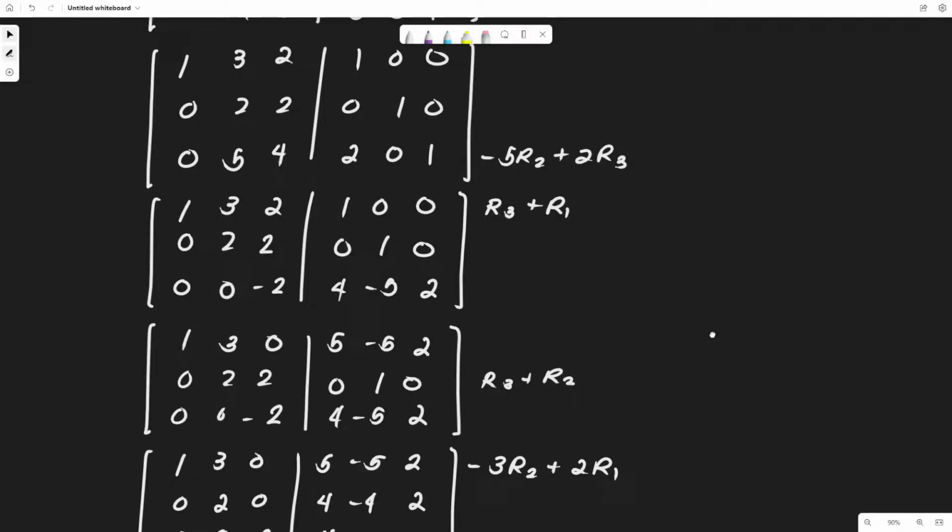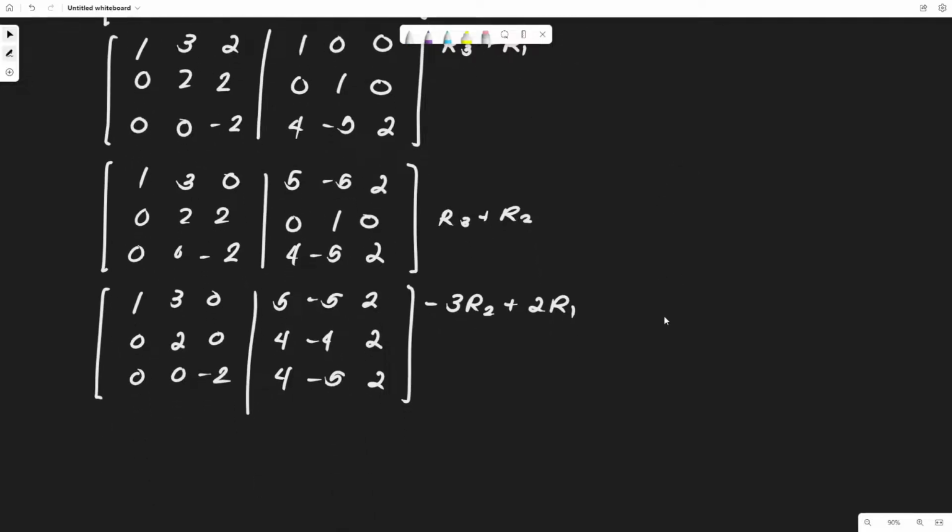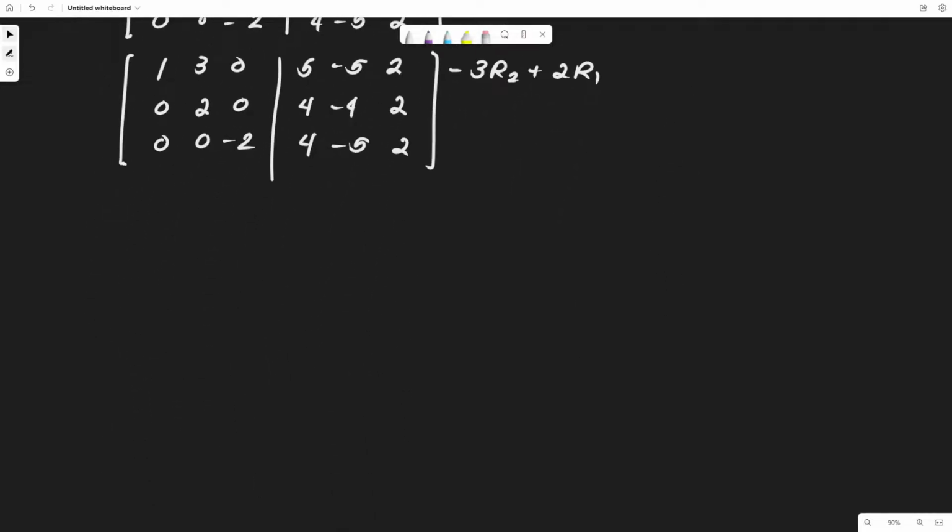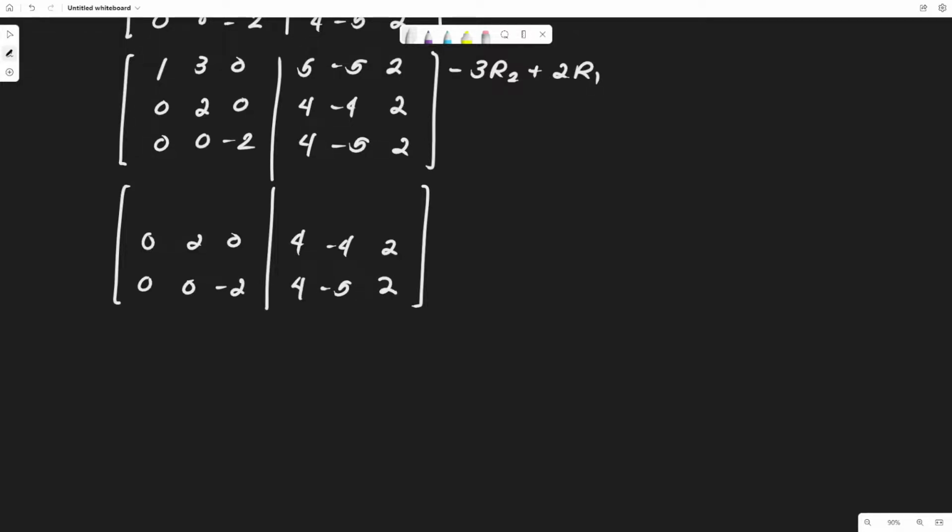Okay, so I'll double check, just in case baka may mali ulit na sulat. So, 0, 2, 0, 4, negative 4, 2, 0, 0, negative 2, 4, negative 5, 2. Then we have negative 3 or 2. So this is simply 0. Plus 2 times 1 is 2. Then this will become 0. So negative 6 plus 6 is 0.